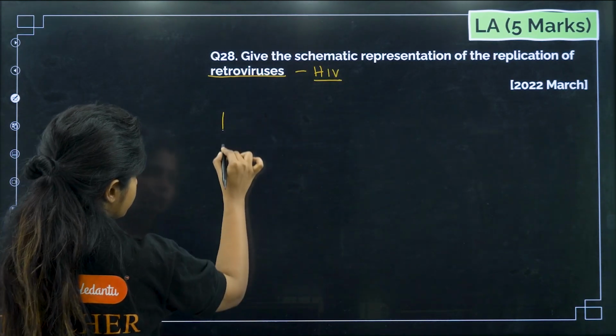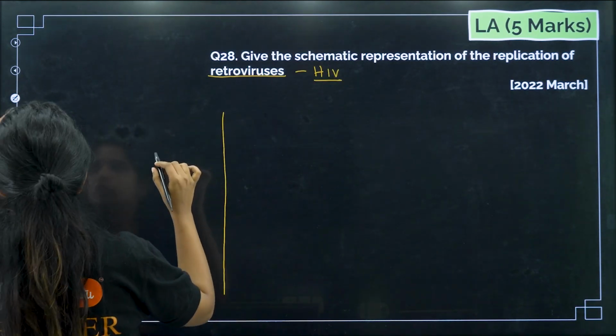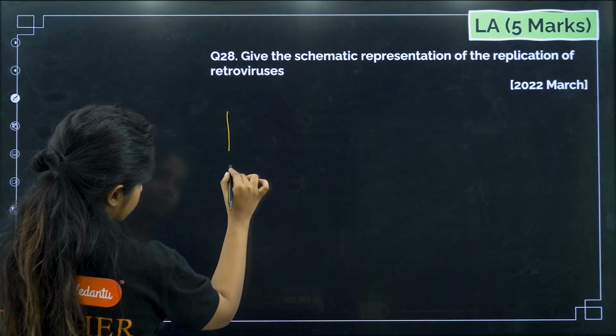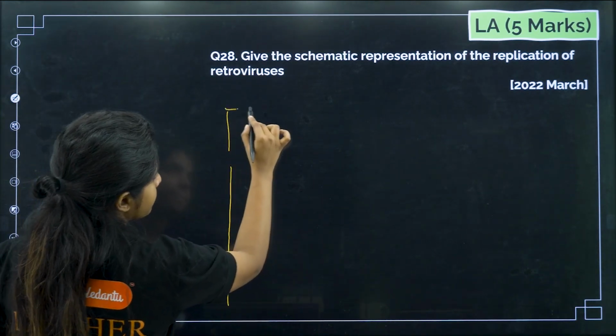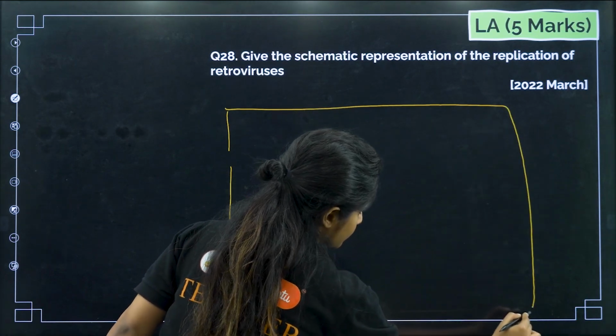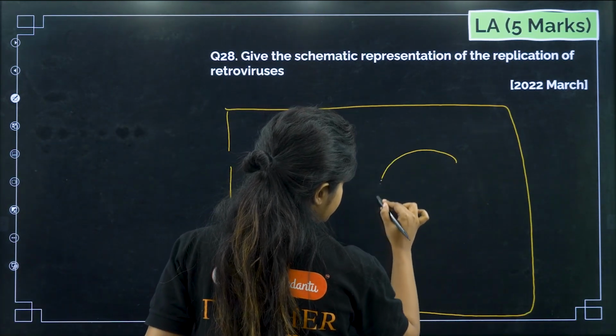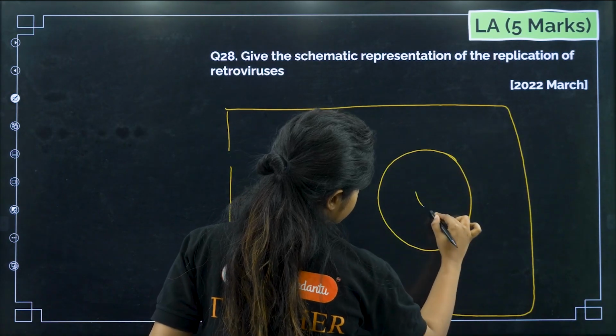Okay, suppose this is a cell. This is the nucleus, and this is our DNA.